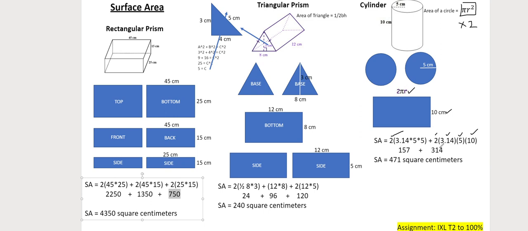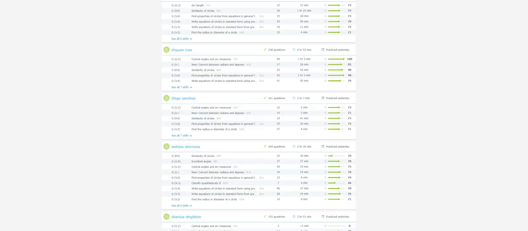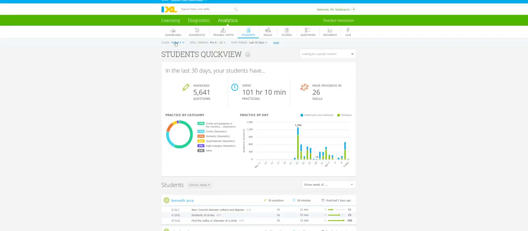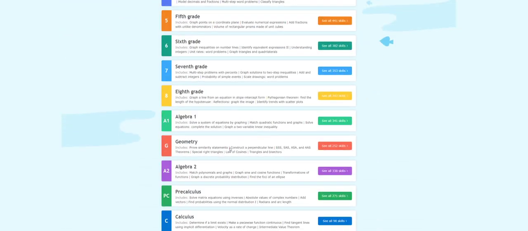So you add those two areas, and you end up with 471, okay? So basically, that is it. So for surface area, you're going to find the area for every single face that you have in that shape.